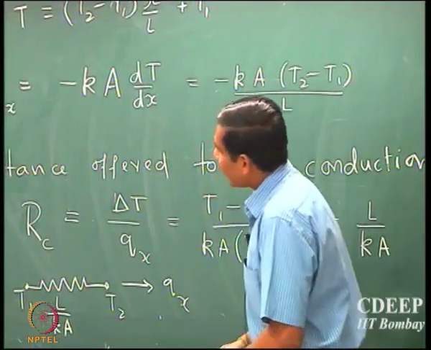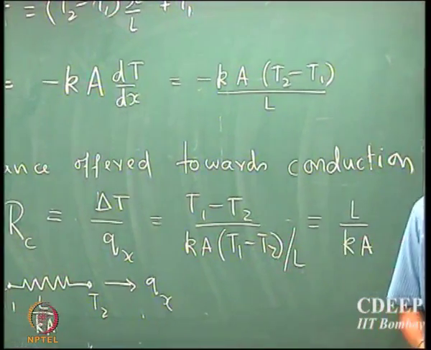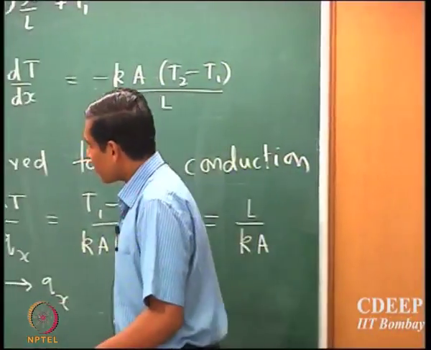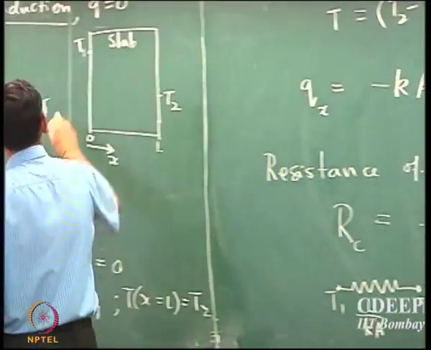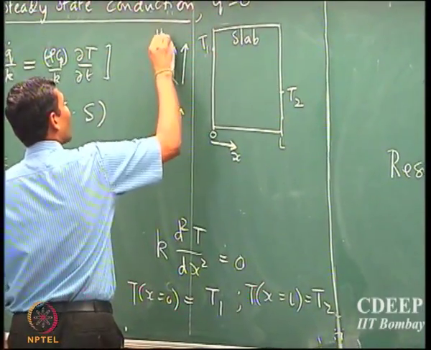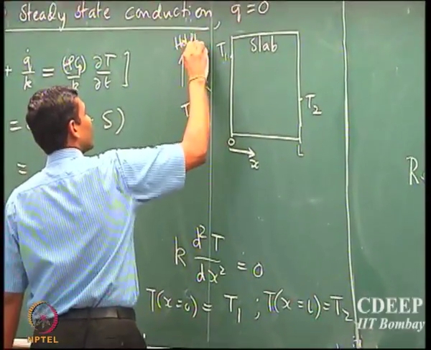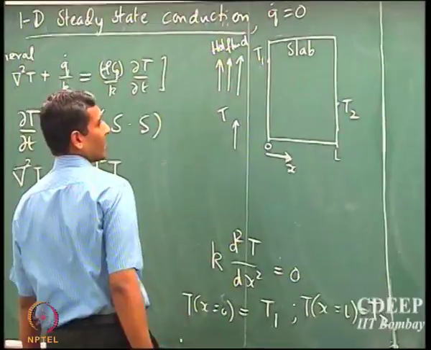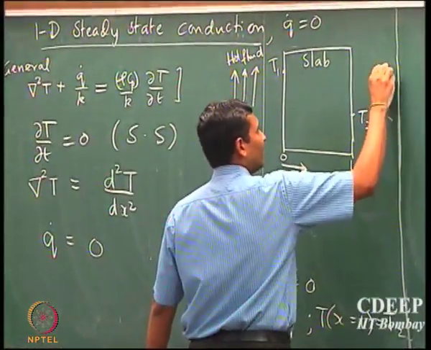Alright, so we can now add a small addition to it. Let us say there is some fluid flowing on both sides. Let us say I call this the hot fluid, and I call this the cold fluid.